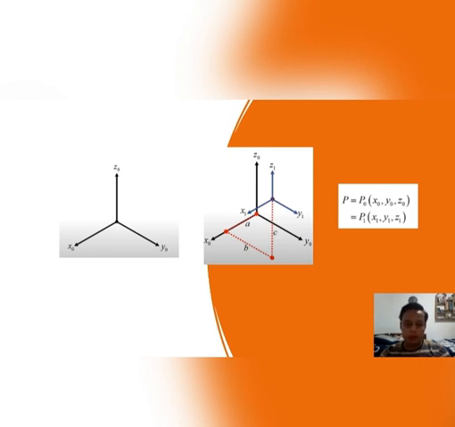We are going to translate this Cartesian system a quantity A over the axis x, then a quantity B on the axis y, then a quantity C on the axis z.